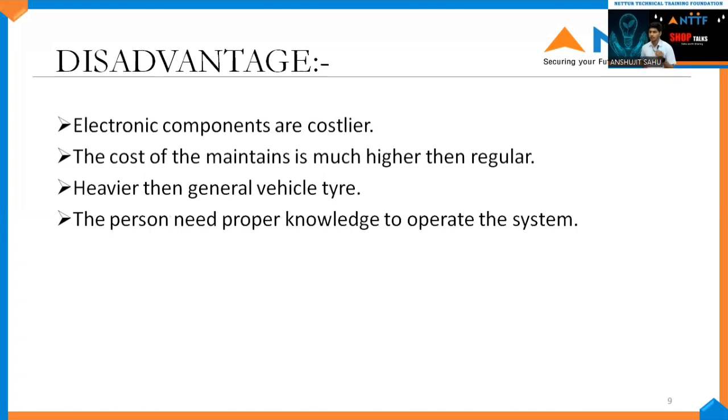We have a pneumatic pressure valve, tire valve, then the sensor switch, speed switch, and operator control unit, everything of which is very costly and very sensitive in nature. The pipes which are connected are also very rigid, and sensitive as well. So the electronics as well as the mechanical components are costlier.